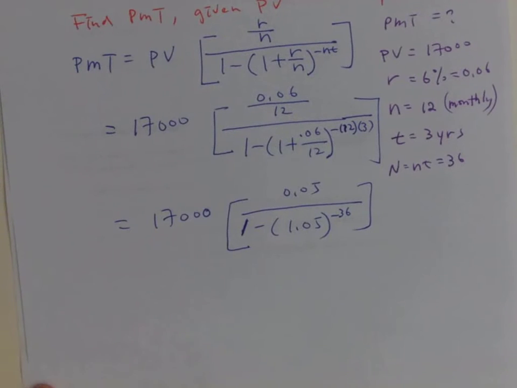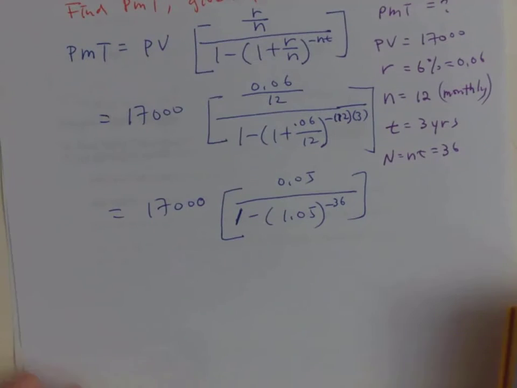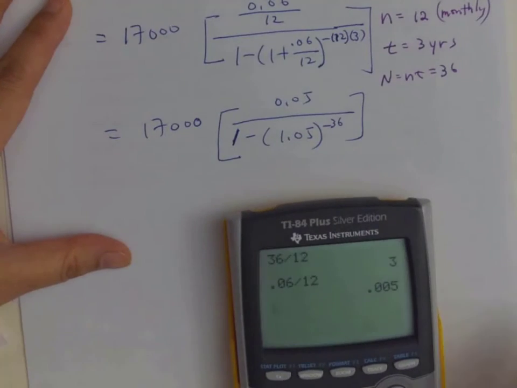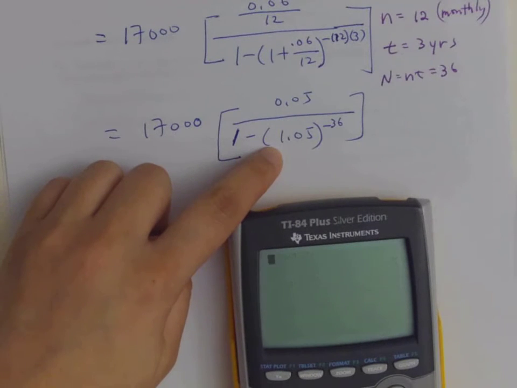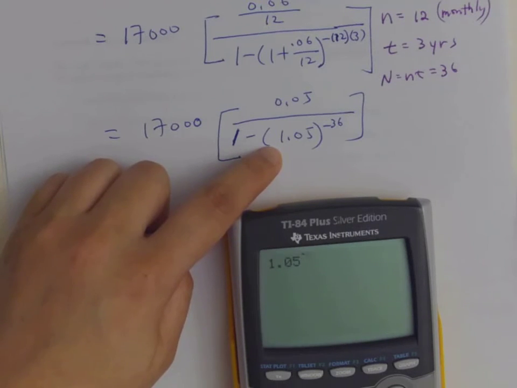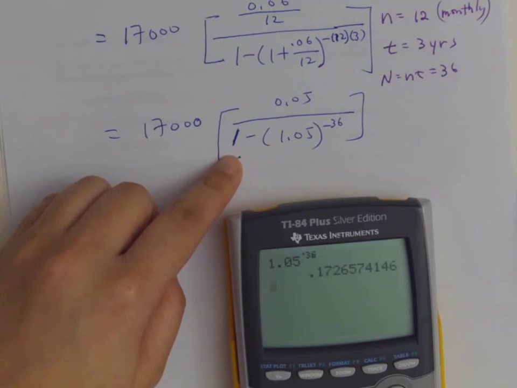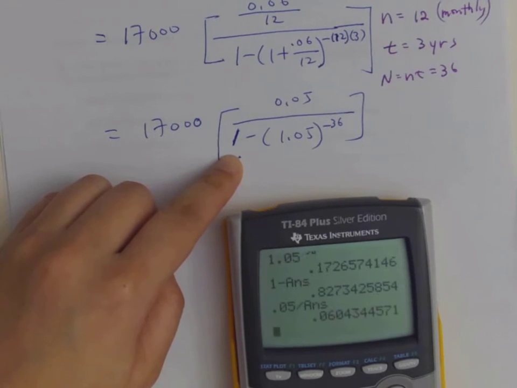So we have 1 minus 1.05 raised to negative 36, right? The way I do it is probably not the way you do it, but I usually do the bottom part first. 1.05 raised to, make sure you use the negative sign, 36, hit enter, and then 1 minus my previous answer, and then 0.05 divided by that answer.